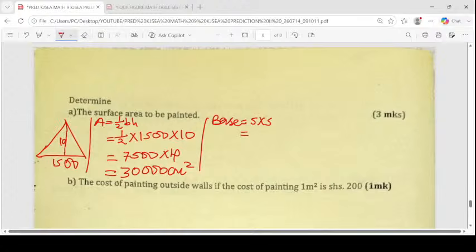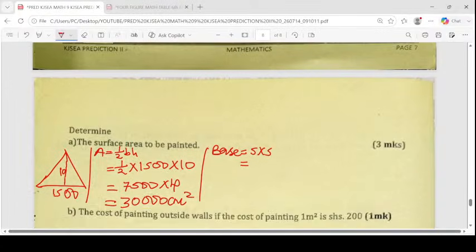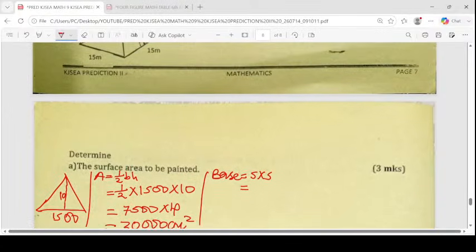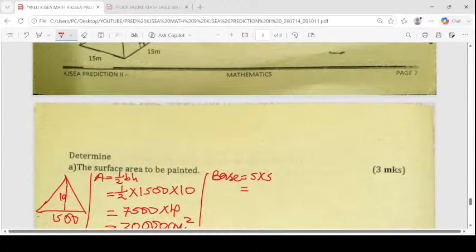So when we go to the base, we are going to multiply side by side. But because this is in centimeters, I'll also convert the other one to centimeters. 15 meters by 15 meters. 15 meters is like saying 1500. So this will be 1500 multiplied by 1500. We are going to do this multiplication.